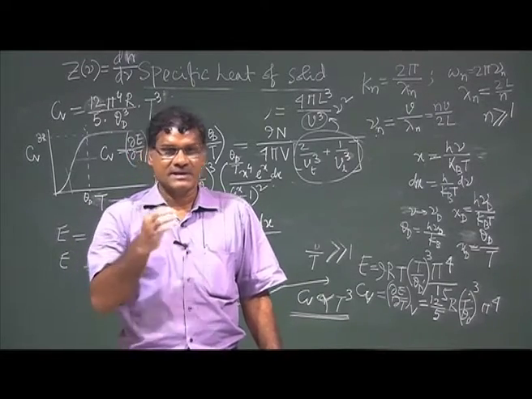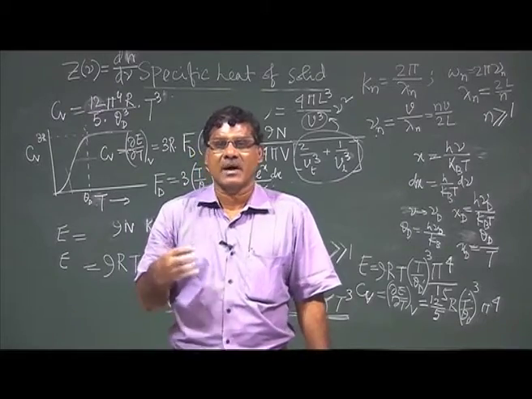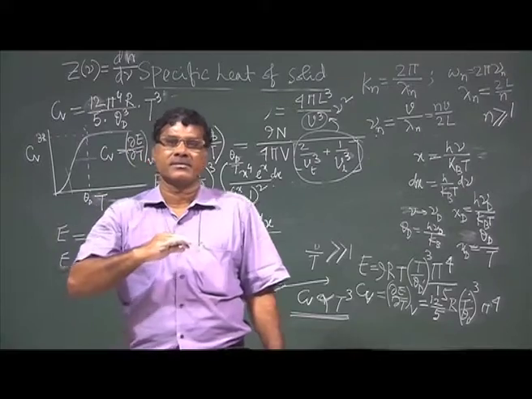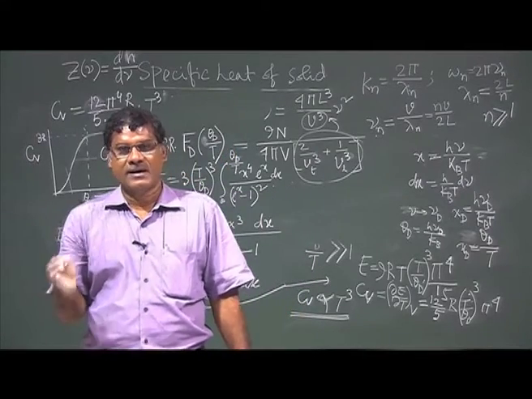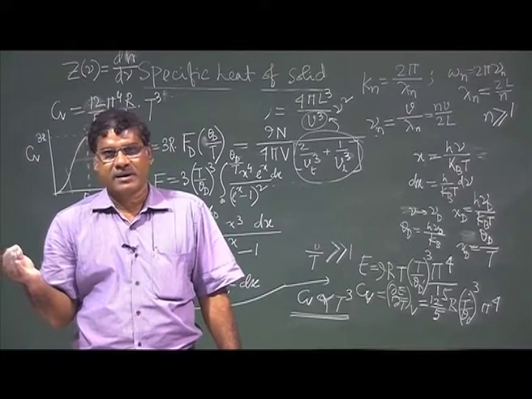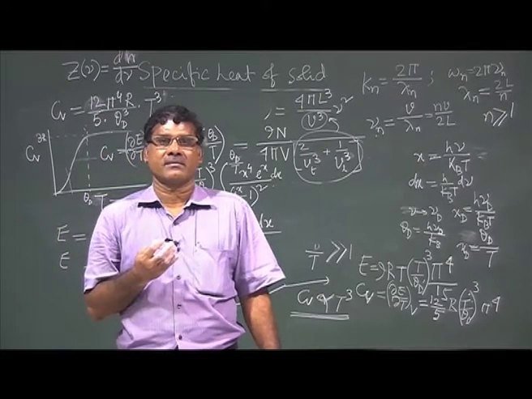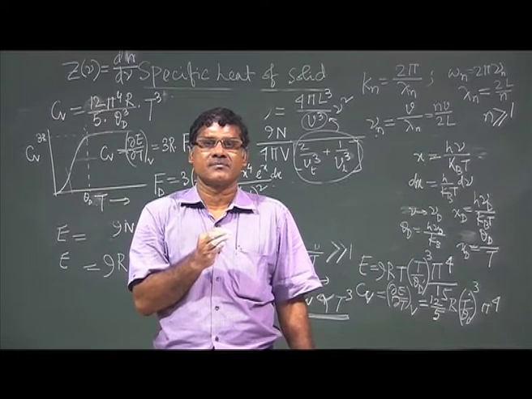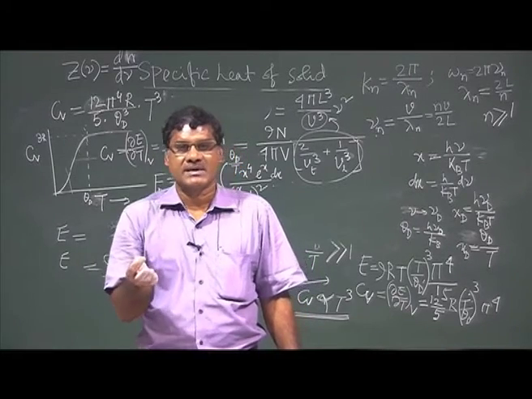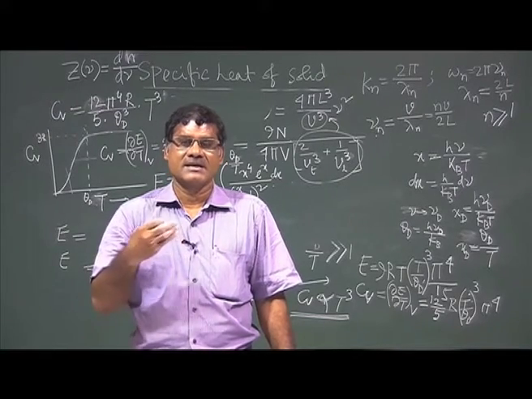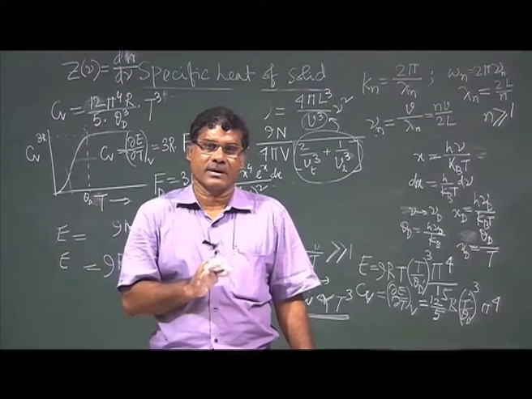But if I consider some assumptions, some postulates, some hypothesis, and based on that I develop a theory, and if that theory fits my experimental result, then we say that this model is correct. So this model is close to the physical model, close to the system. So the system behaves like this model, okay.